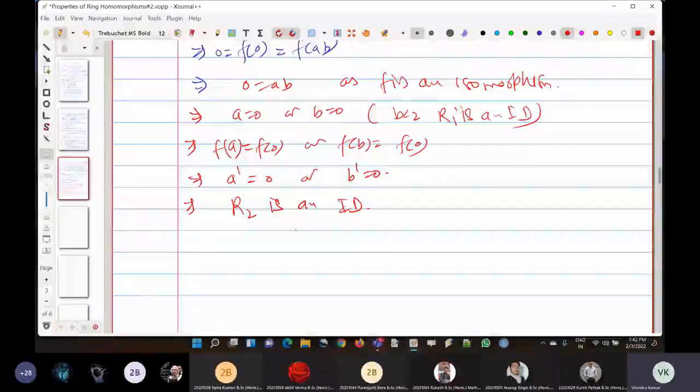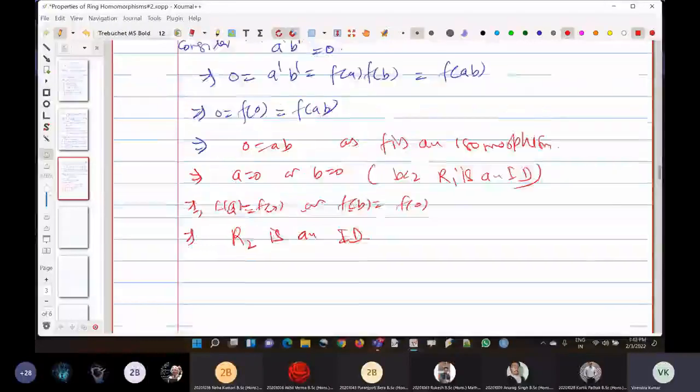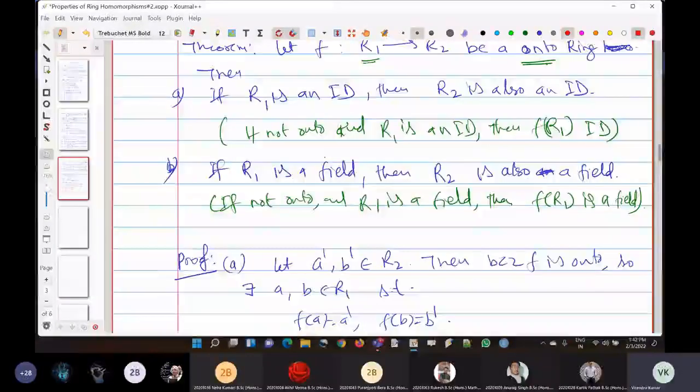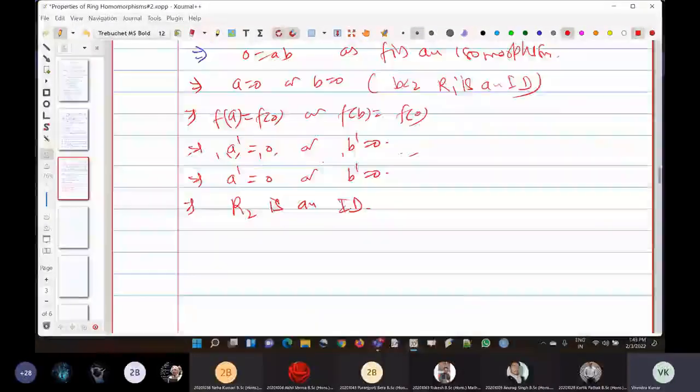Fine. Now, if f is an isomorphism, we need to prove that if R1 is a field, then R2 is also going to be a field. Or in other words, if R1 is a field, then f of R1 is also going to be a field.